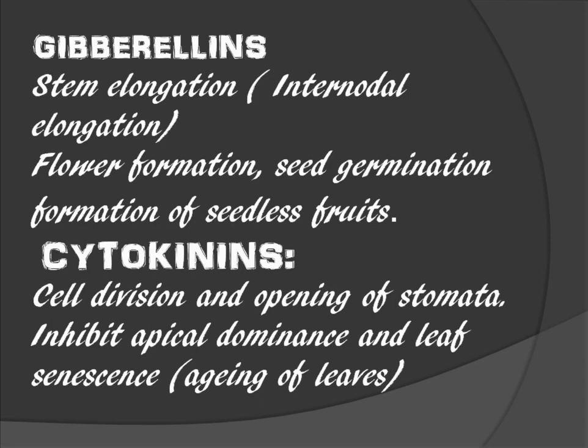Cytokinin also inhibits apical dominance and it will promote lateral bud formation, that is branching of plants is enabled by cytokinin, and it also inhibits leaf senescence, that is aging of leaves, promoting growth.